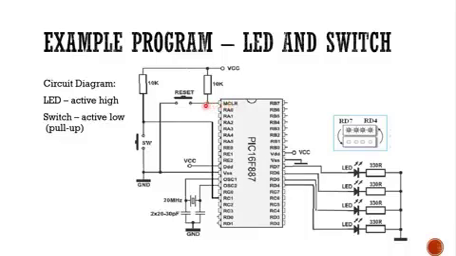You need to connect the active low to MCLR. Why active low? If you press this, the signal here will become low, then the system will reset. So that one you need to build and connect to MCLR.